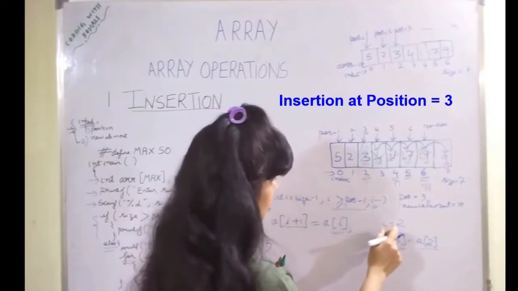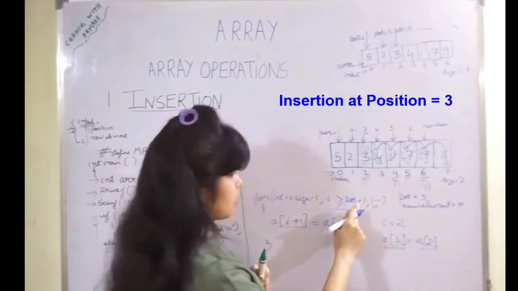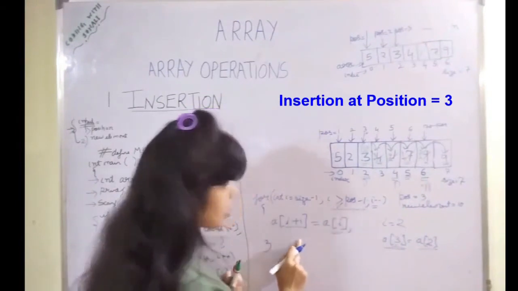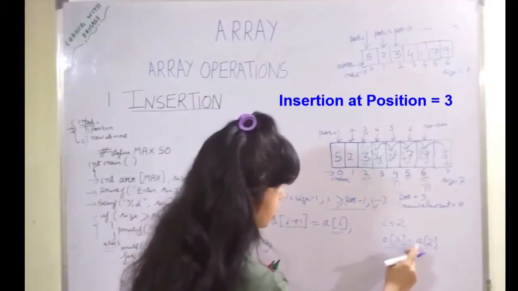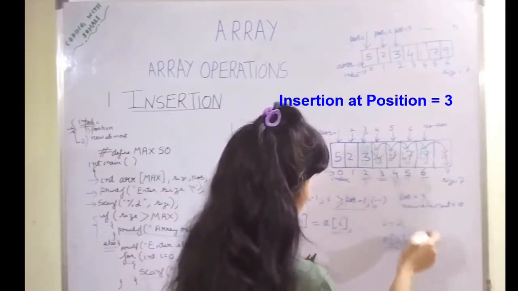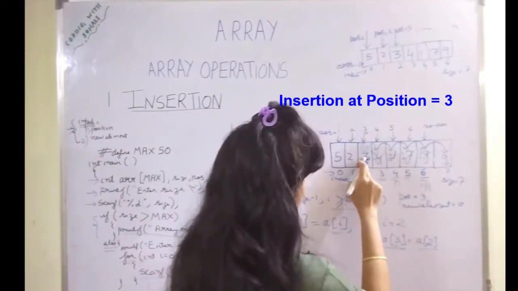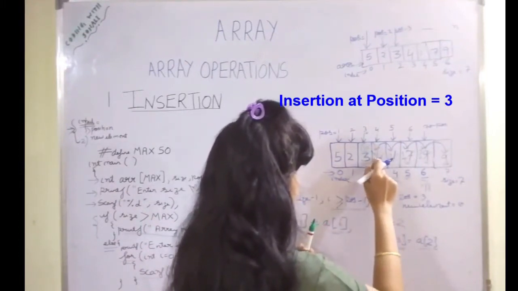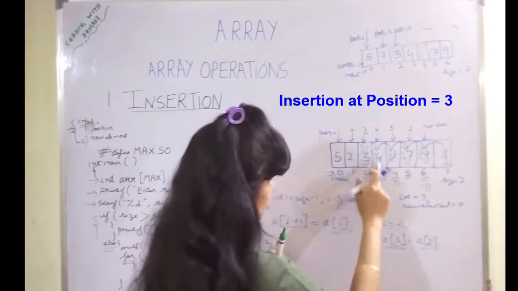So I is equal to 2, therefore this condition is satisfied because I is greater or equal to 2. Therefore the control comes here. Then A of 3 is equal to A of 2. Therefore this 3 actually will be replacing this 4. So we have cancelled this 4 and it will be replaced by this 3 actually, right?